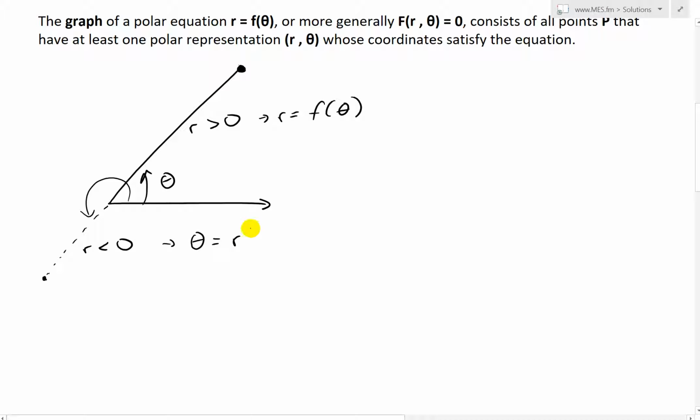So theta equals f of r, for example. So theta is also a function of r, because if you change theta to here, you get a different version of r. And as well in this case, because r is dependent on theta, you have r as a function of theta, like that.